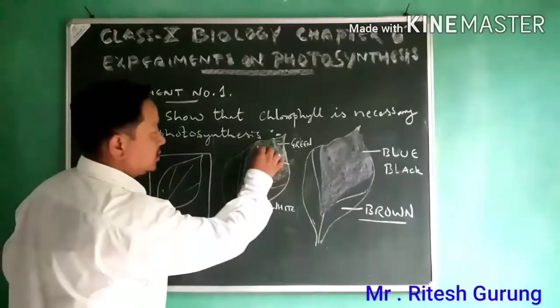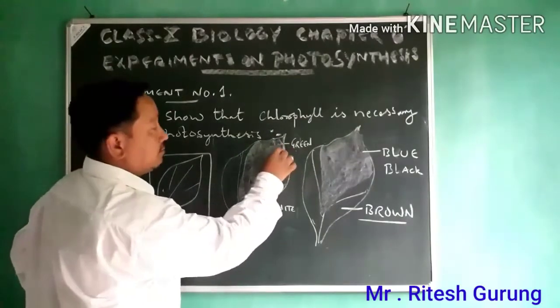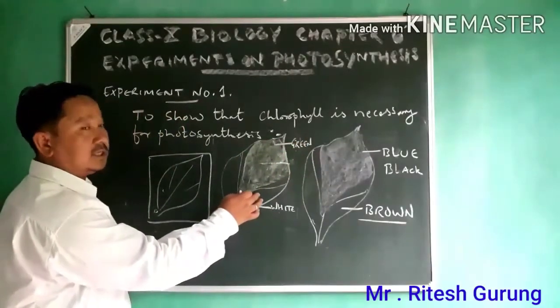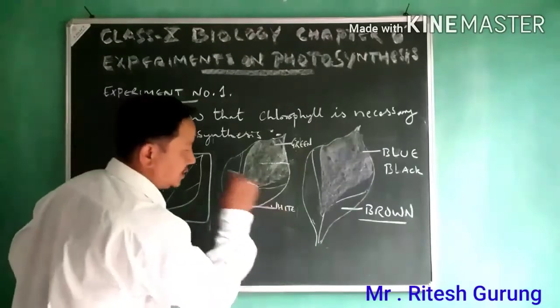This region of the leaf is green, mark it green. And the other region where it is white, mark it white.